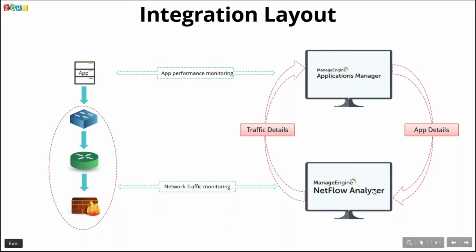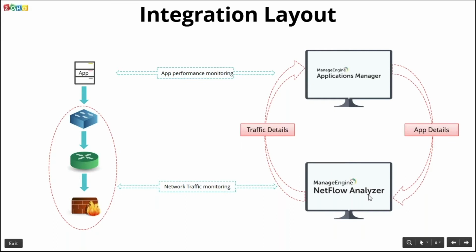Now we are going to do an exchange of information between these two applications, Applications Manager and NetFlow Analyzer. First, NetFlow Analyzer will take the application details from Applications Manager. What are those details? We'll see going forward.